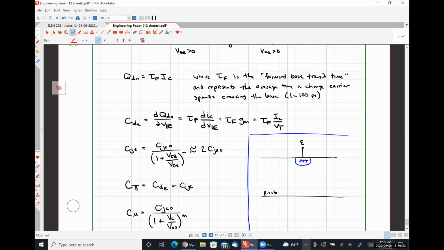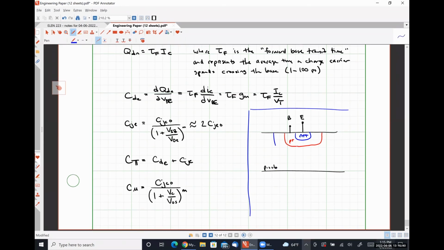We would have our base region, which is doped P-type. And then finally, that's drawn crappily, but it'll get the job done.